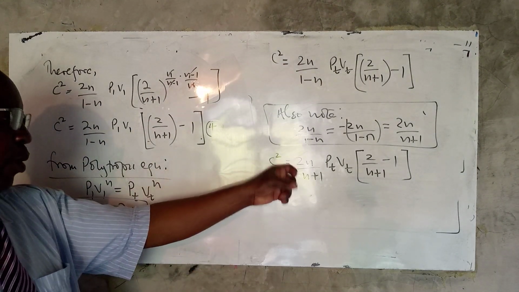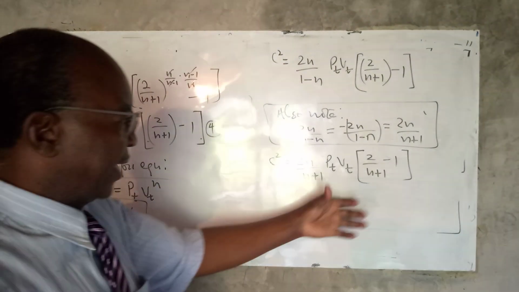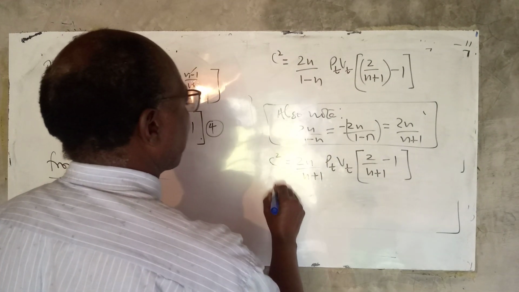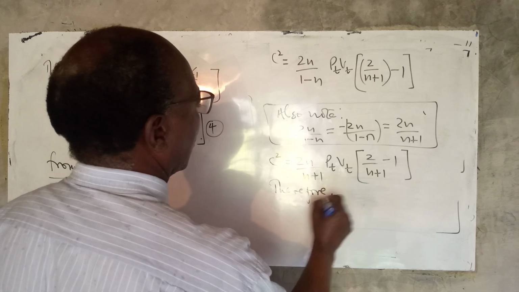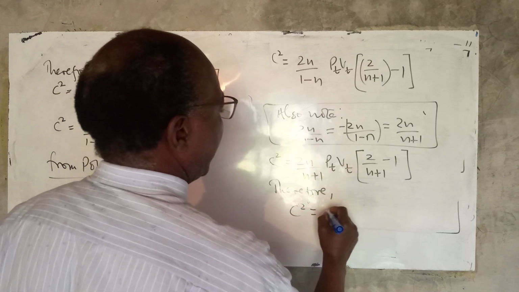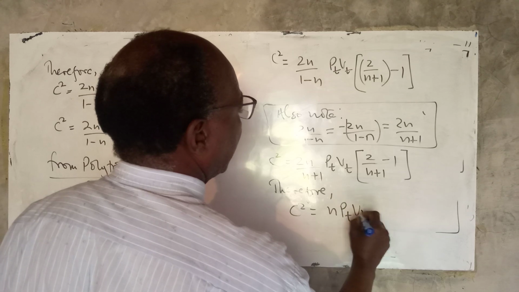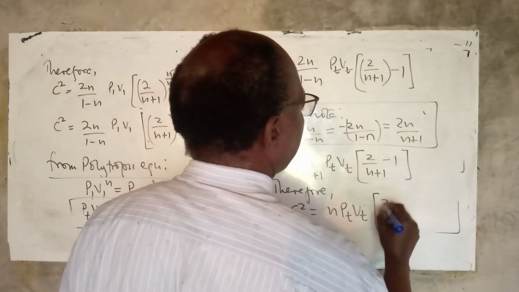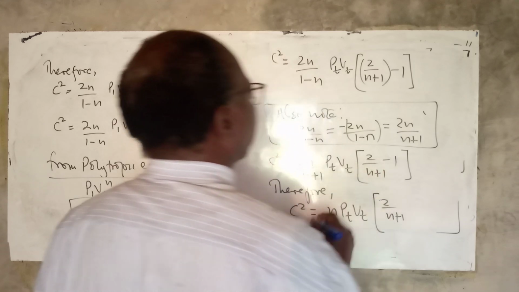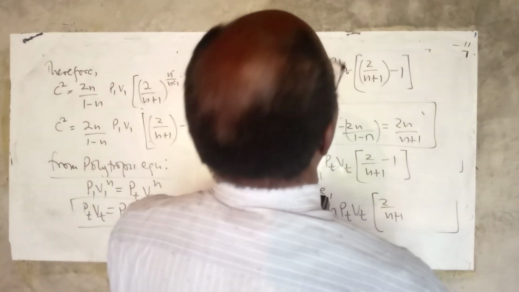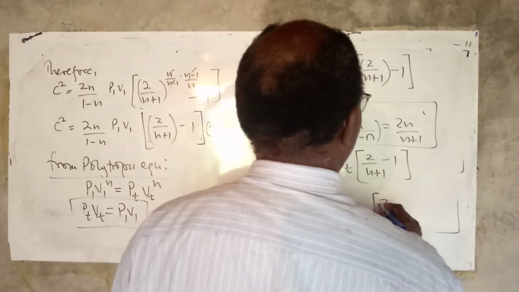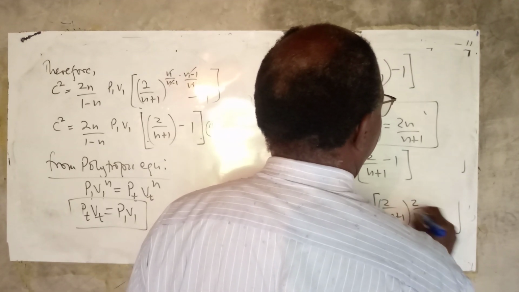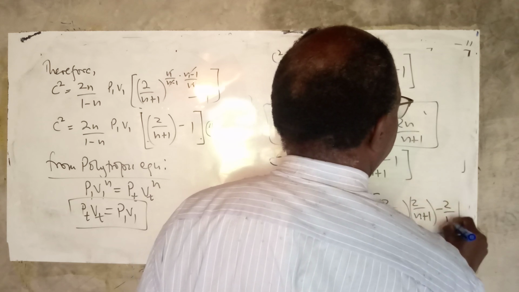You already see there's 2 over n plus 1 here, so we can multiply it in this particular bracket. Therefore, c squared is equal to n pt vt into 2 over n plus 1 times 2 over n plus 1 minus 2 over n plus 1.